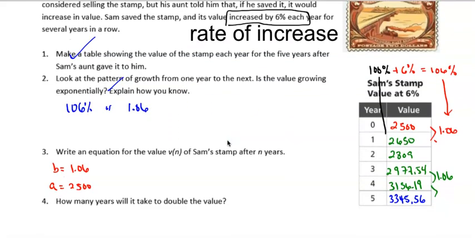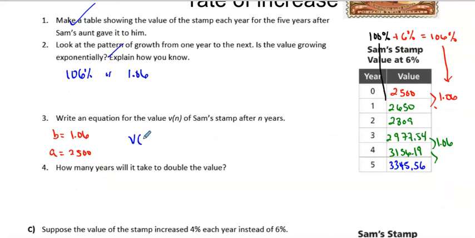Write the equation, V of n equals. Again, I could start with a times b to the n power, but now we know what a is. So V of n equals my a, 2500, that I start with, times my b, 1.06, to the n power.